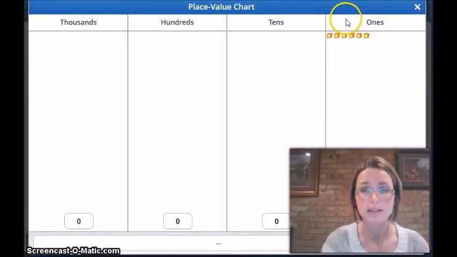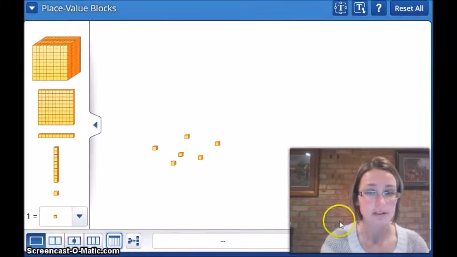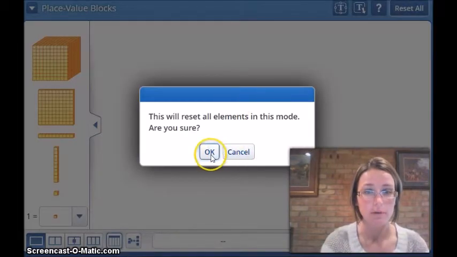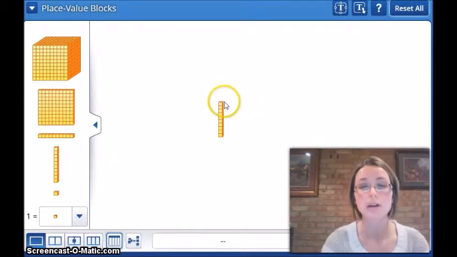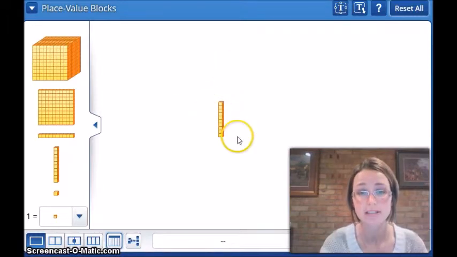All right, the next place value we're going to look at is the tens. It's the next to the biggest. All right, so let's come back here. Let's go to reset all. And we're going to say yes, because we don't want to see our ones anymore. And let's drag a 10 stick. Here's our 10 stick. How do we know, or why do they call it a 10 stick?